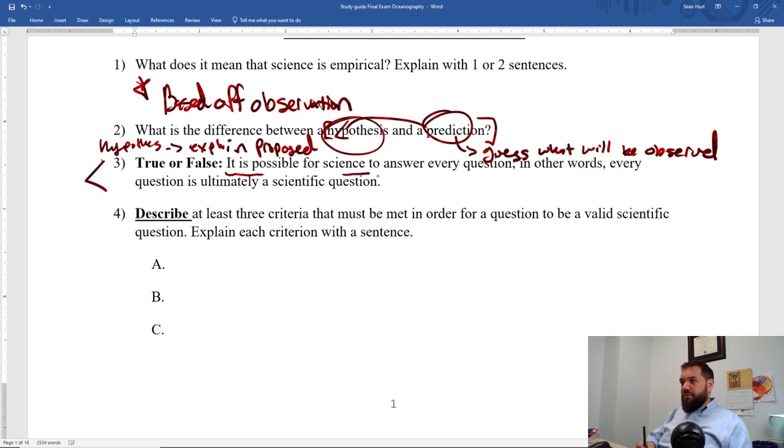It's not possible for science to answer every question, okay? Not every question is ultimately a scientific question. There are philosophical questions, religious questions, moral questions. These are things we can't answer with science. We can't use the scientific method on them. We can't answer them by observation. We have to use other means to answer them.